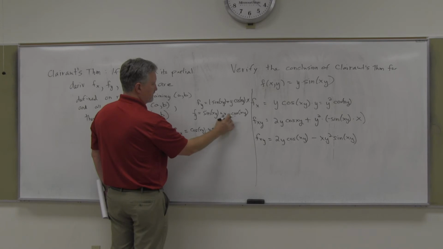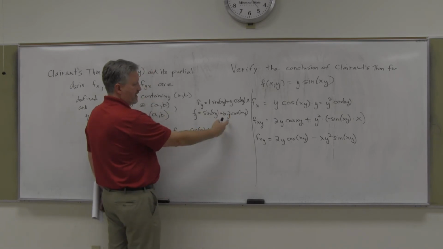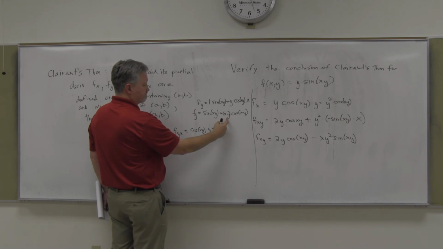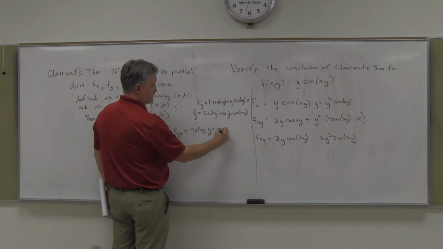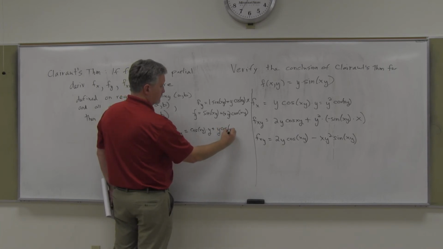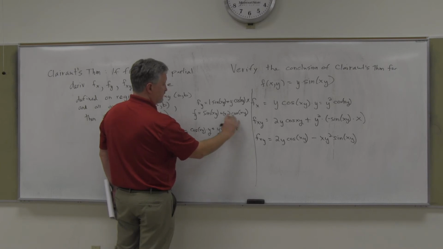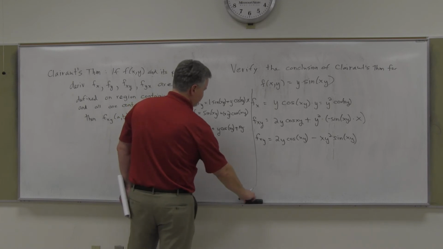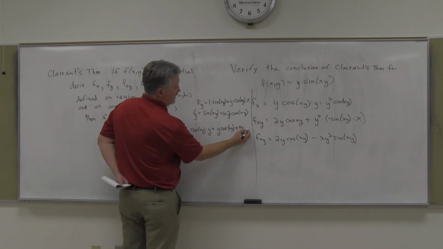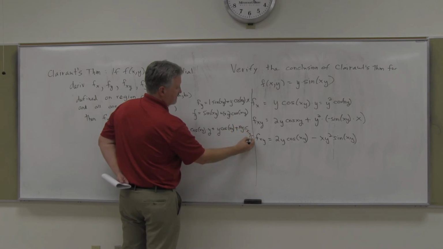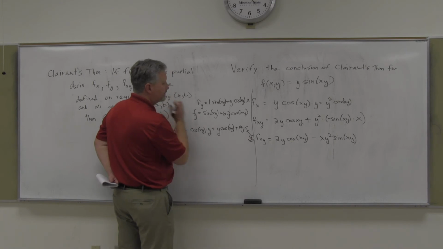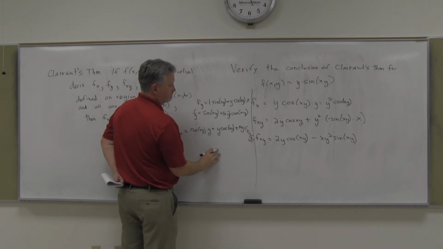The derivative of that with respect to x would just be y cosine xy, plus then reverse that, so we have xy times the derivative of that, so you got minus sine of xy times the derivative of the inside with respect to x, which would be y.